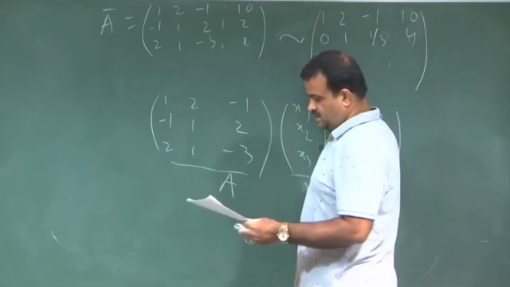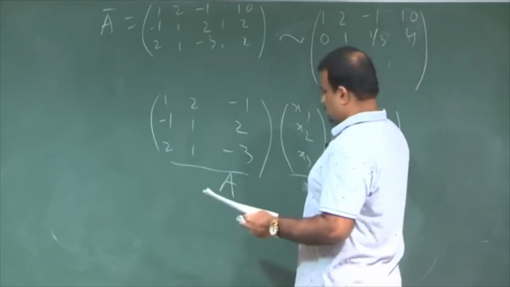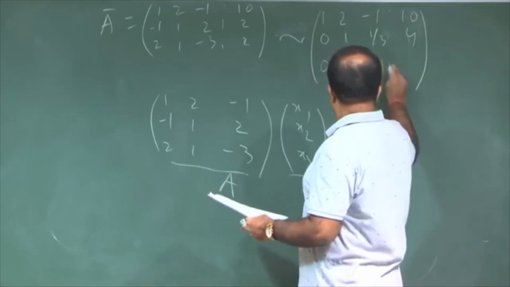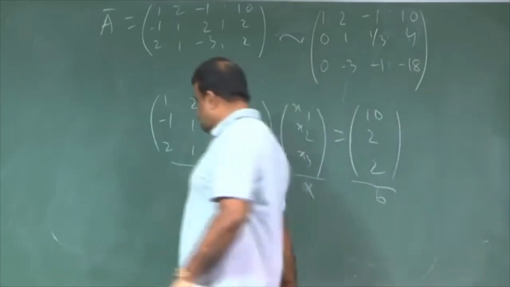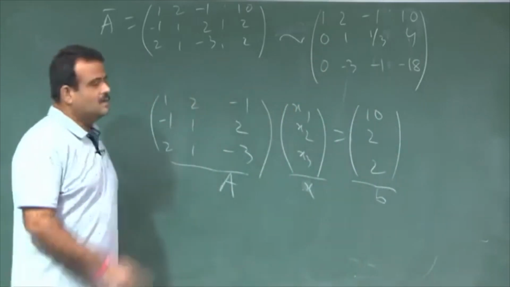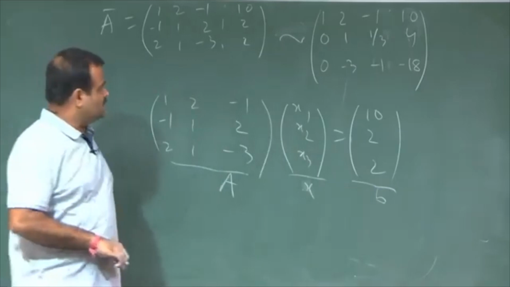We have to work this out. I am just skipping this part: 0, minus 3, 1, minus 1, minus 18. So, by doing just the row operations on this matrix we will get this matrix.